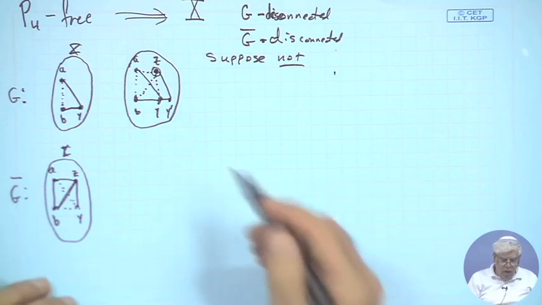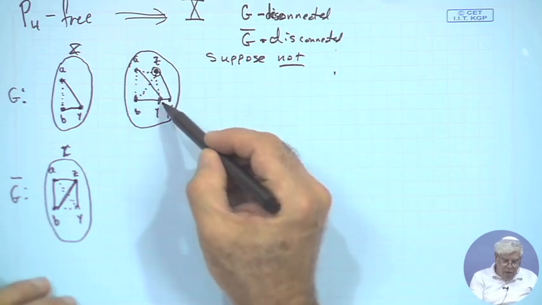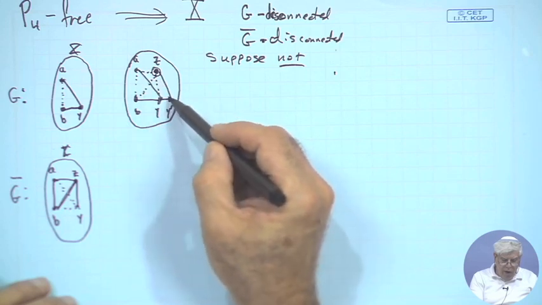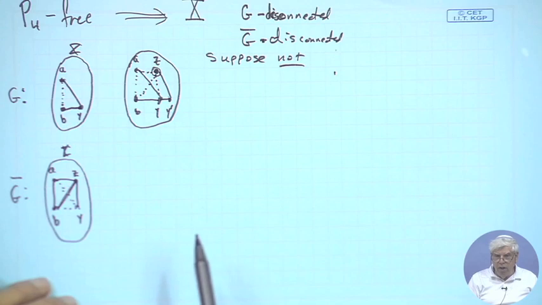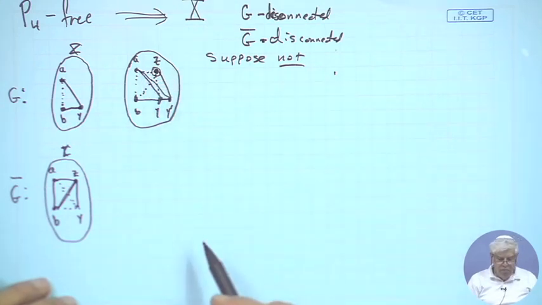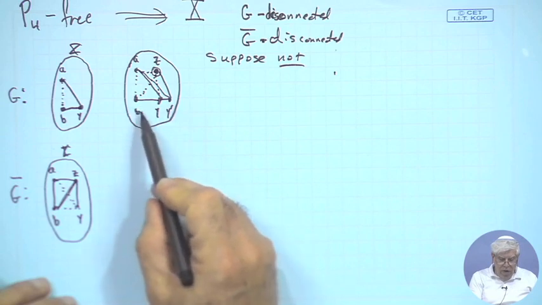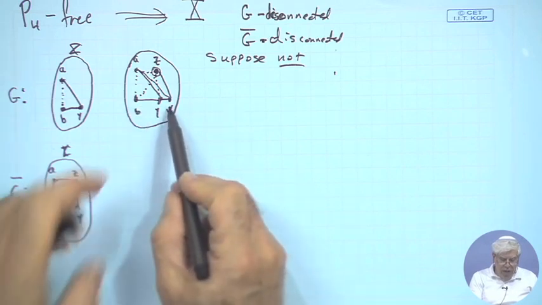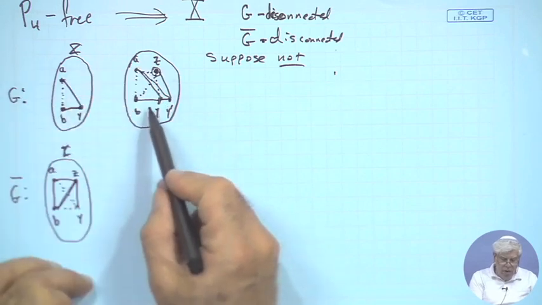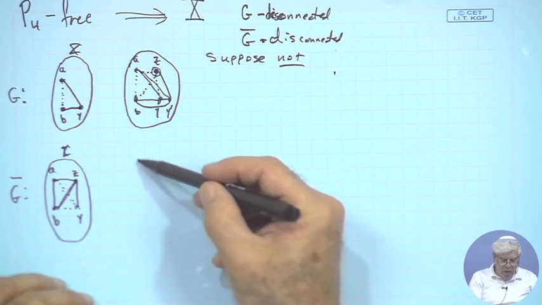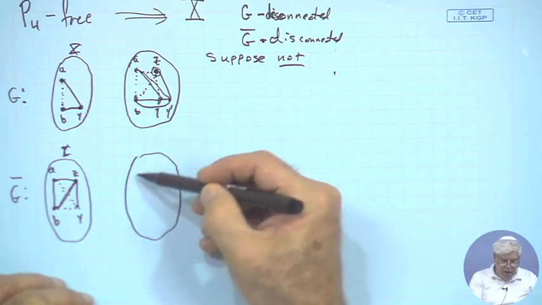And now, hop, hop, hop, no edge, no edge. So A and Y prime better be connected, otherwise I would have a P4. So this is connected. Similarly, down here, what about B to Y prime? Well, if that was missing, then I would have a different P4. So it is also connected. Now what's going on downstairs? Well, you can guess.